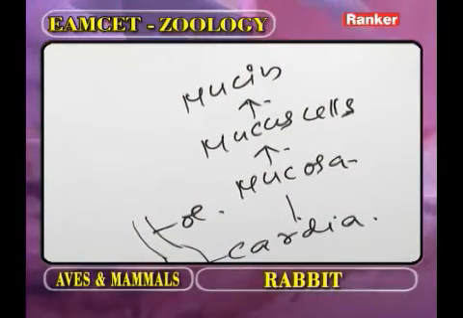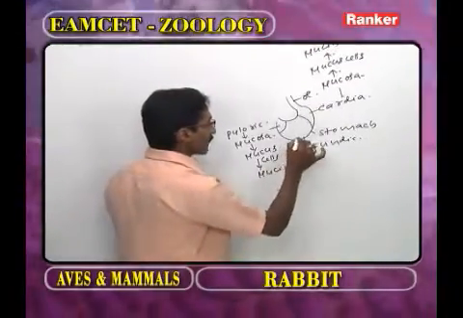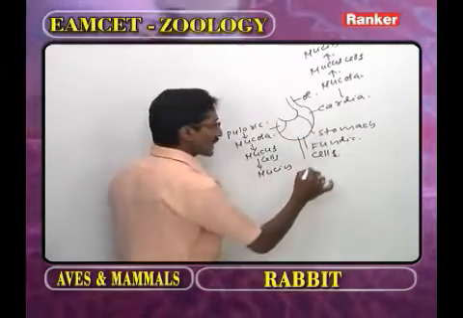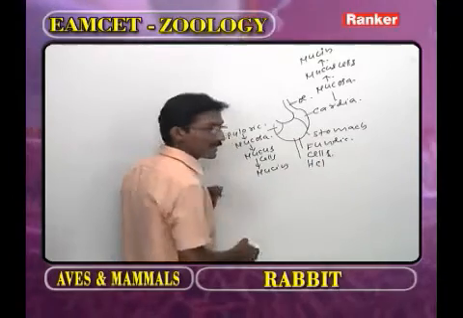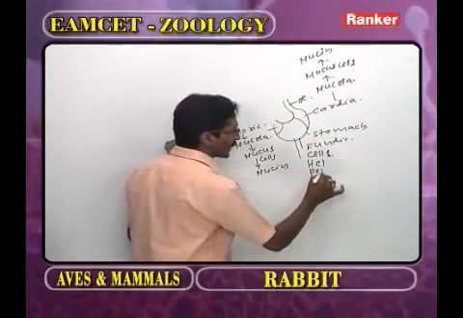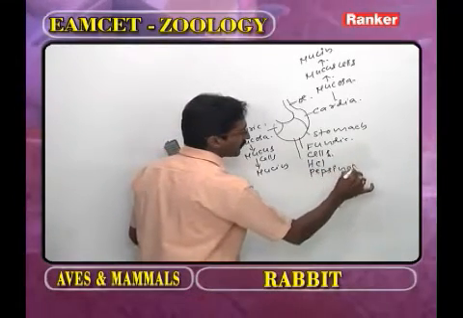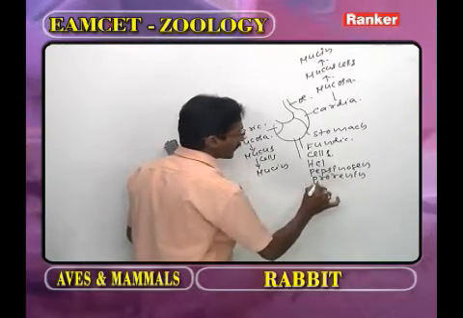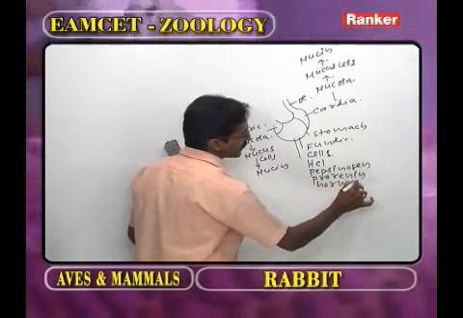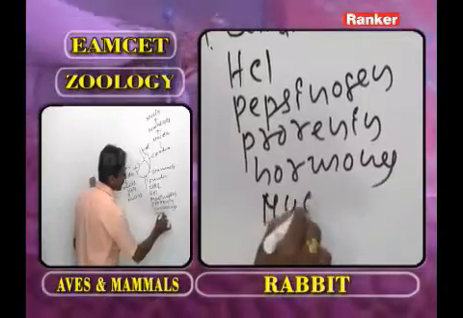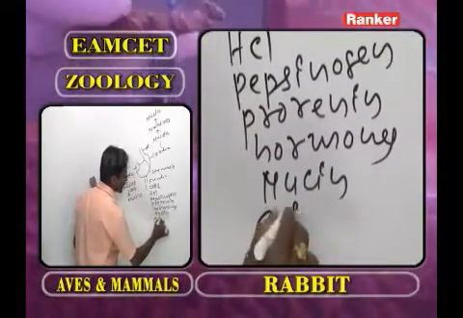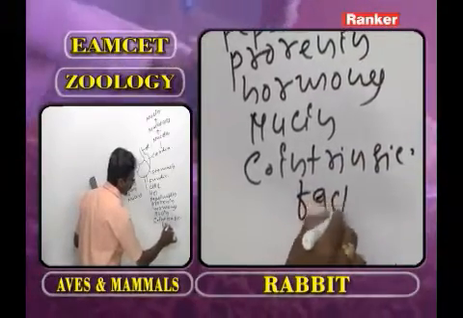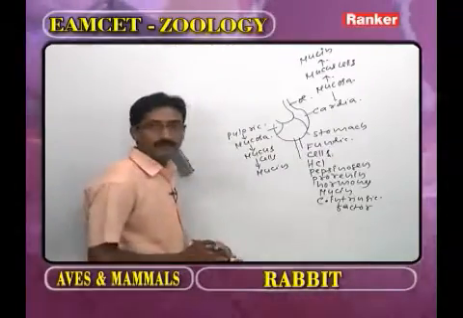But in the fundic stomach, different cells are present. The cells secrete HCl, inactive pepsinogen, inactive prorenin, some hormones, mucin and Castle's intrinsic factor. Students, again you have to observe the diagram.